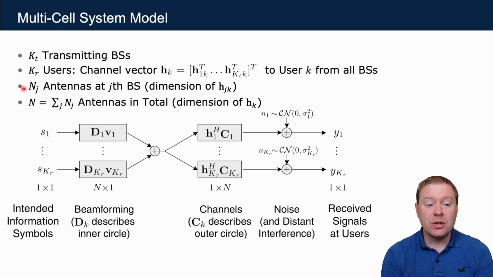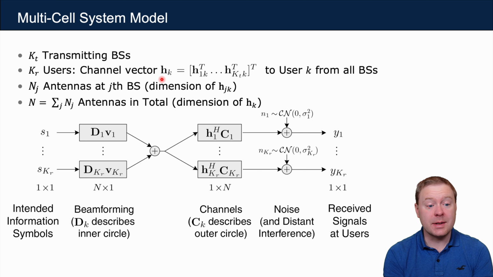And we have N_j antennas at the jth base station, so the part here, h_jk, from base station j to user k, has a dimension equal to N_j. And in total we have N antennas, which is the summation over all of the antennas of the different base stations, and that means that N is the length or dimension of the vector h_k.